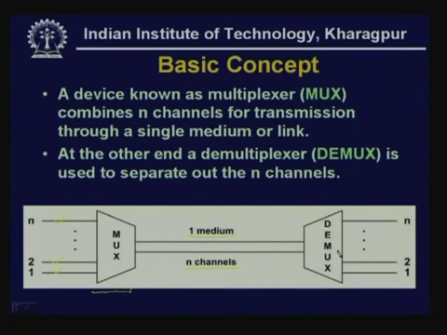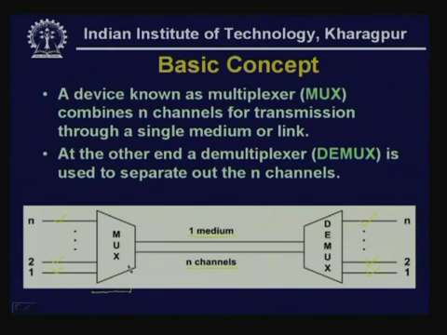And at the other end we have an opposite device known as a demultiplexer. This demultiplexer separates out the signals of different channels by using filtering, and here we get back the signal corresponding to channel 1, the signal corresponding to channel 2, and so on up to channel n.